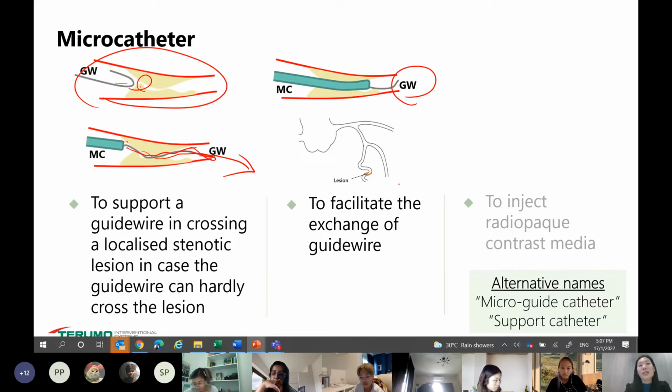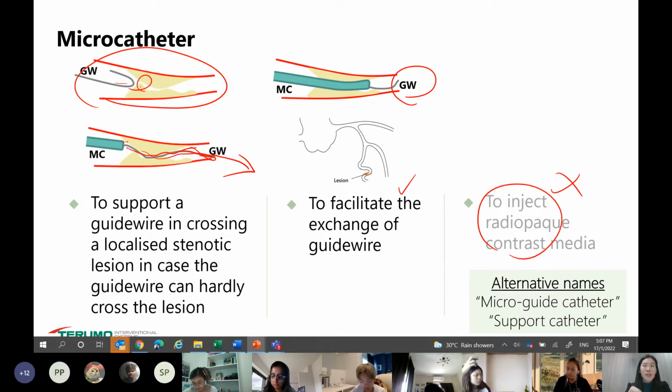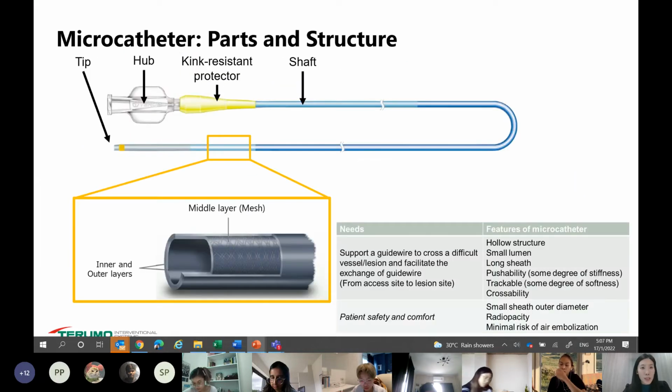This is another function of a microcatheter, to facilitate the exchange of a guide wire. This is not so much for IC. We can inject radio opaque contrast media through microcatheters, but for IC, these two are the key functions: to support guide wire in crossing and to facilitate the exchange of a guide wire.